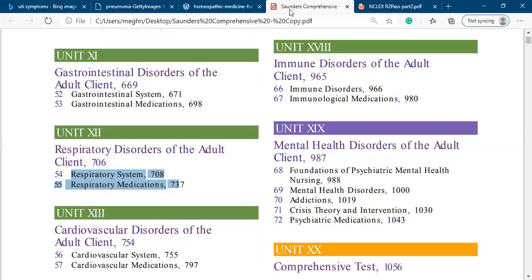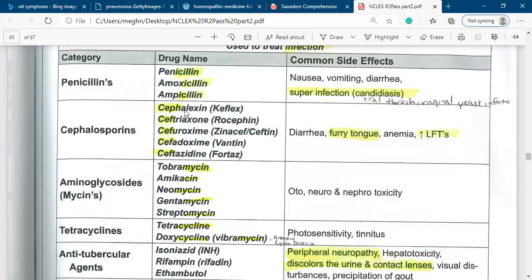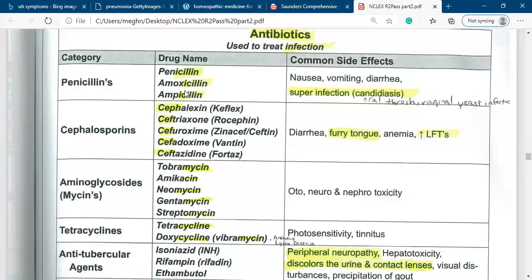So this is the name of medication we use for the treatment of gonorrhea, pneumonia, and UTI. This is the indication of penicillin.